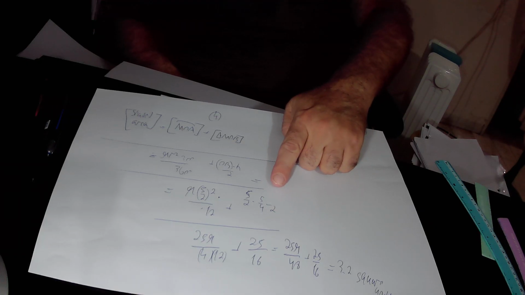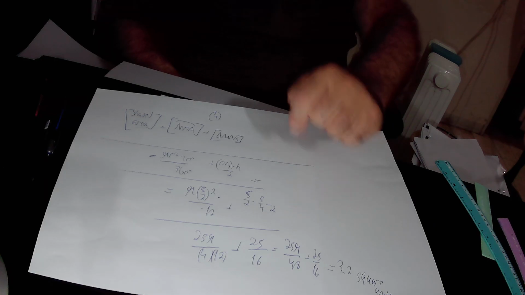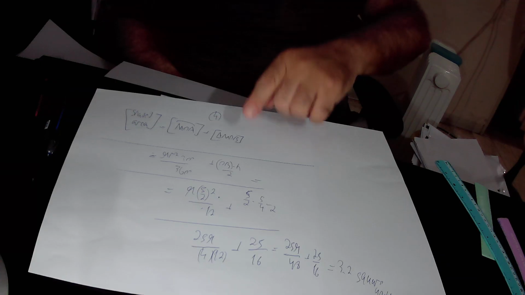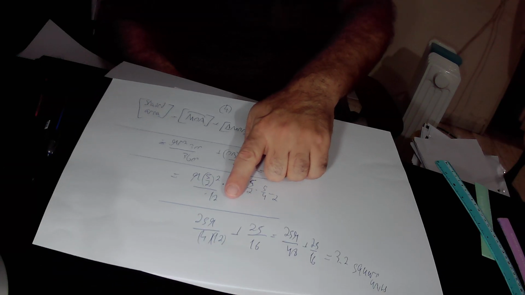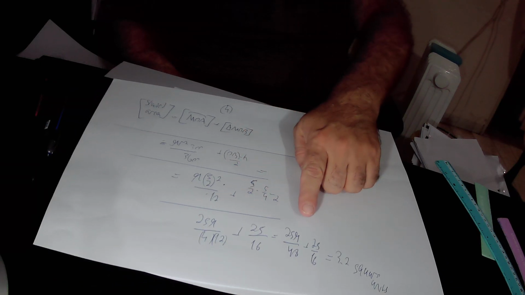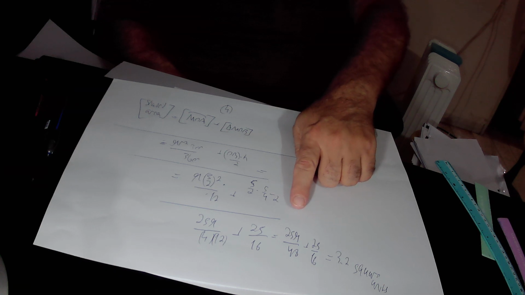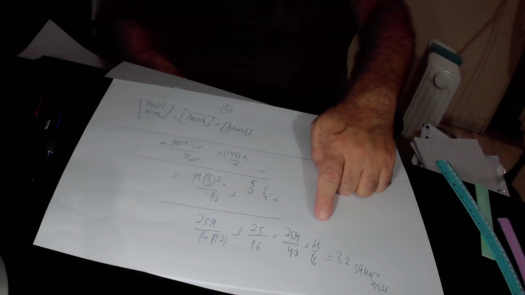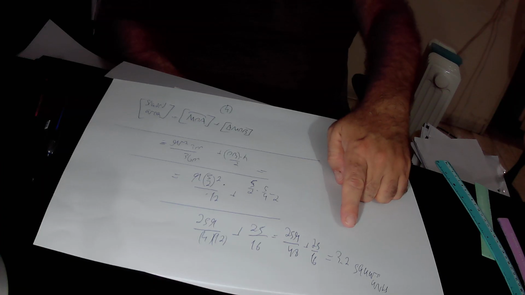In the denominator we have 2 times 4, that is 8, and 8 times 2 is 16. So in total the shaded region equals 25 over 4 times 12, which is 48. So in total it is equal to 25 pi over 48, plus 25 over 16 square units in size. Or in terms of numbers, it equals 3.2 square units.